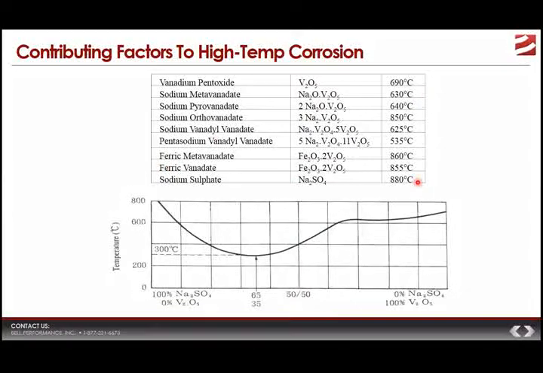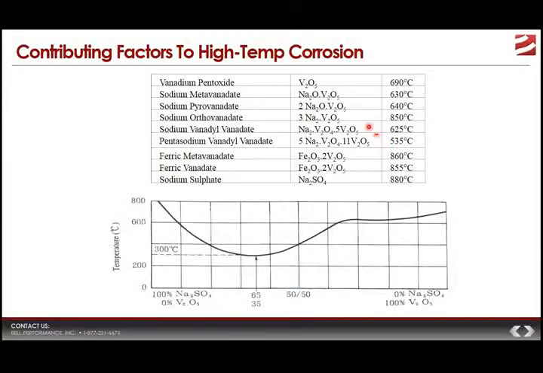You can see here that some of these, like pentasodium vanadyl vanadate, which is 5 sodium, 2 vanadium, 4 oxygens combined with another 11 molecules of vanadium, is a pretty large complex combination of inorganic oxides. It has a melting point of 535 degrees centigrade.